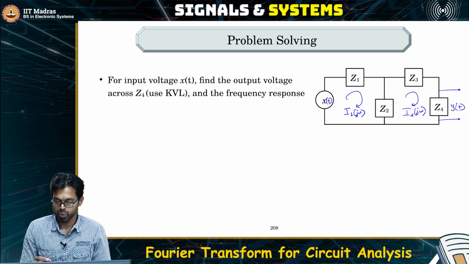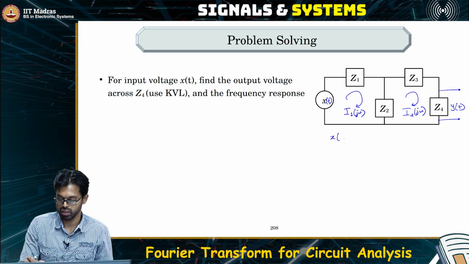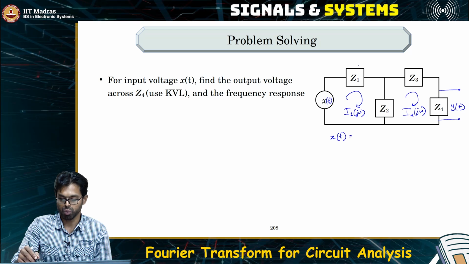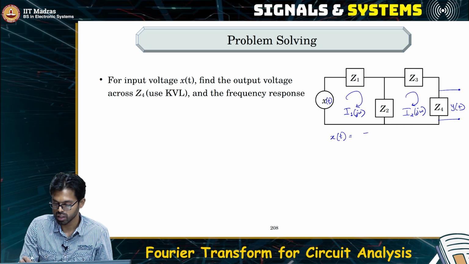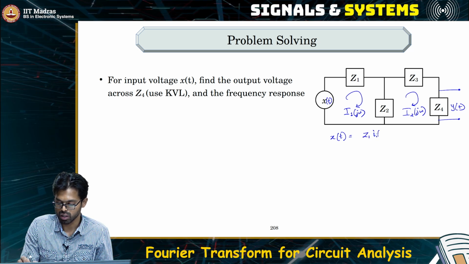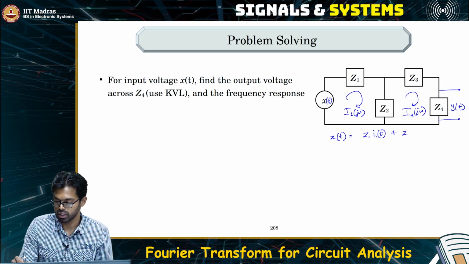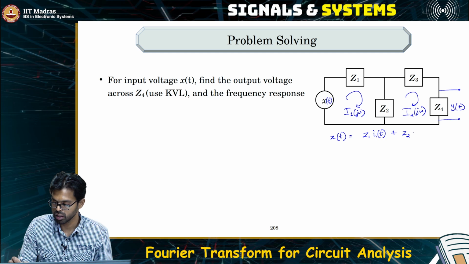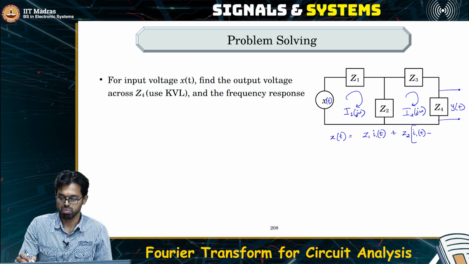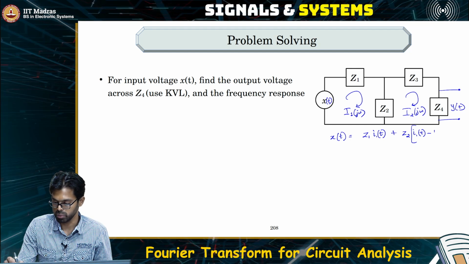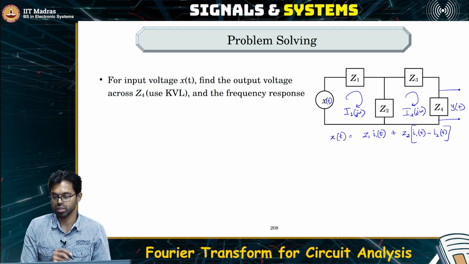Now, the KVL equation: x of t should be equal to the voltage across Z1, which is Z1 times I1, plus Z2 times I1 of t minus I2 of t. The loop I2 is in the opposite direction, so there is a negative term.